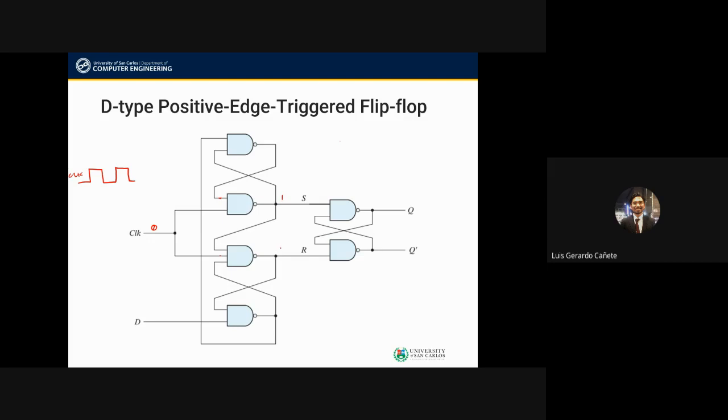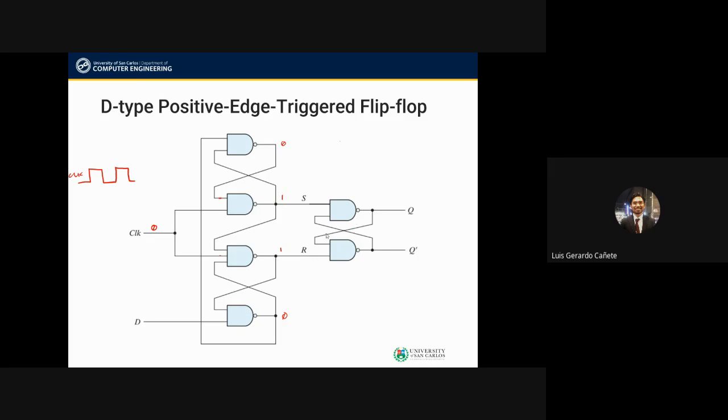This is going to be 1. This is going to be 1. And since this is 1 and this is a latch, we know that this is going to be a 0. And then this is also going to be a 0, right? So remember that when this is a 1 and 1, what happens is the latch stores its state.